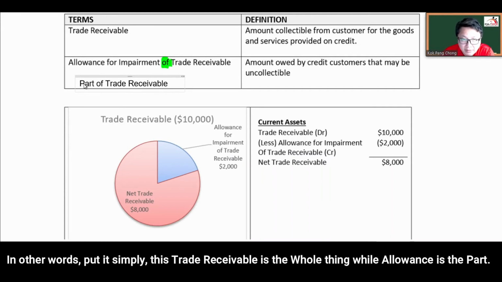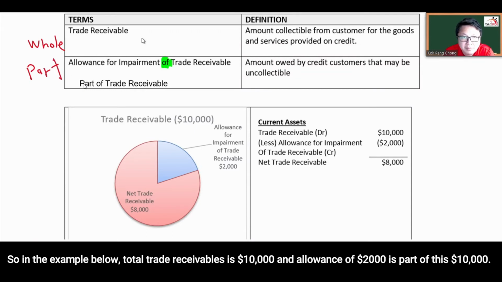So in other words, the trade receivables is the whole thing, while allowance is the part. So in the example below, the total trade receivable is 10,000 and the allowance of 2,000 is part of this 10,000.